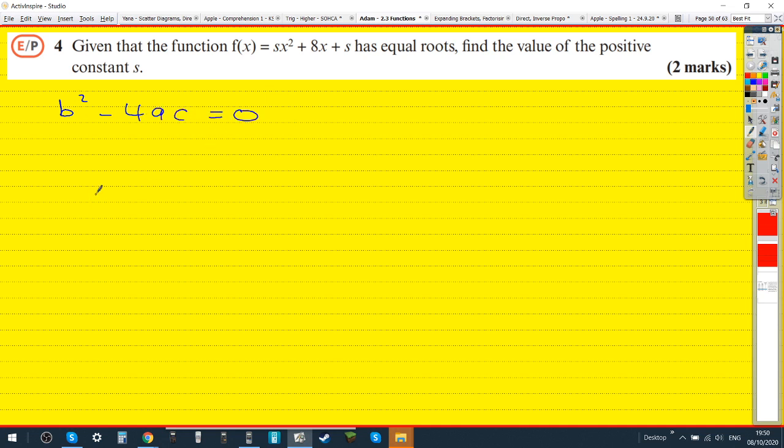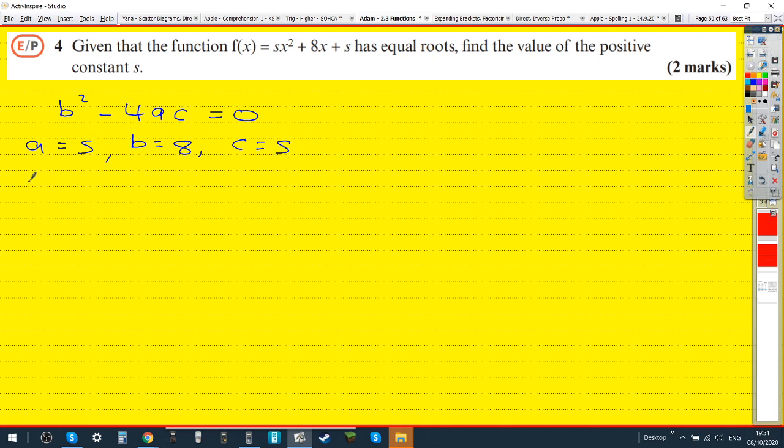And we know that a equals s. And so would a and c be the same number? Yep. So b equals 8 and c equals s.